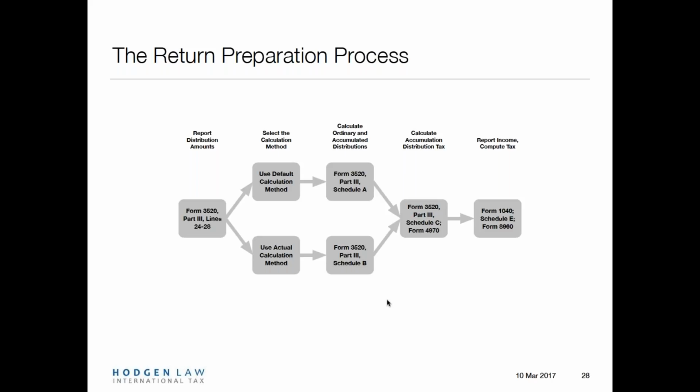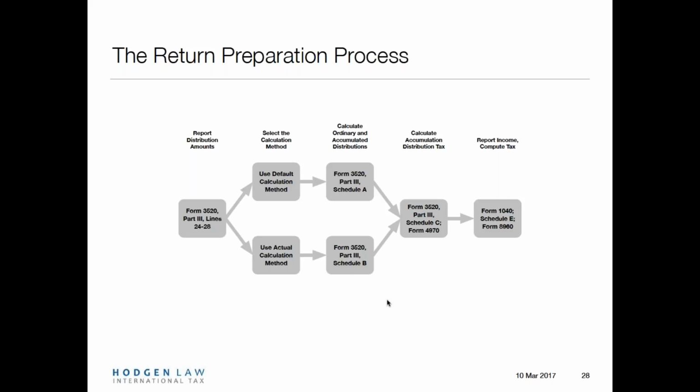At that point, the beneficiary has two choices. You're going to select one of the two methods for calculating the U.S. income tax on this distribution. The default method, the top track, and the actual method on the bottom track. So after you've selected it, you're going to go on, and the default calculations are in Schedule A of Part 3, Form 3520.